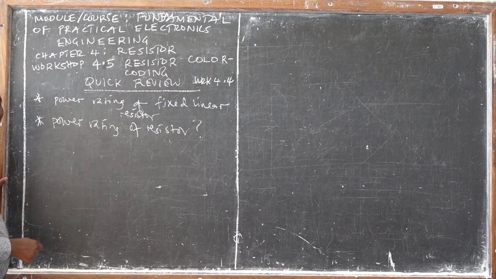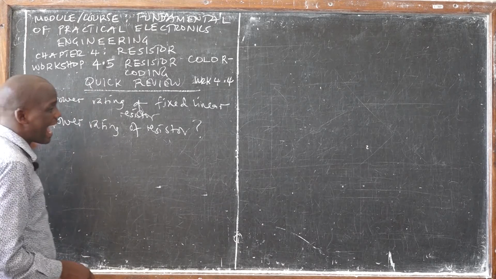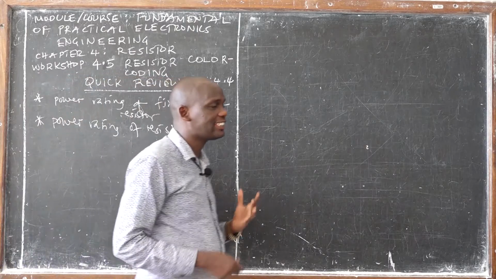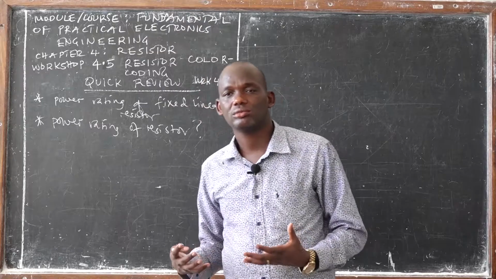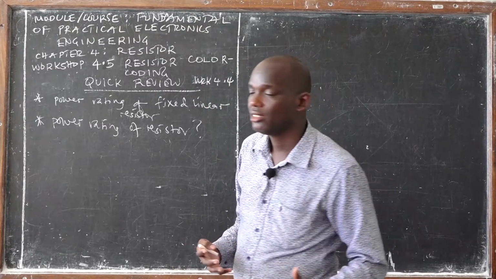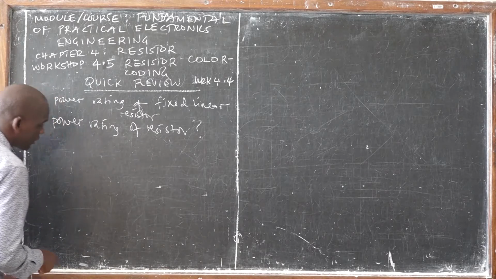I gave you two definitions. Actually, this is the maximum amount of current that a resistor can withstand without damage. That's the meaning of the power rating of a resistor.